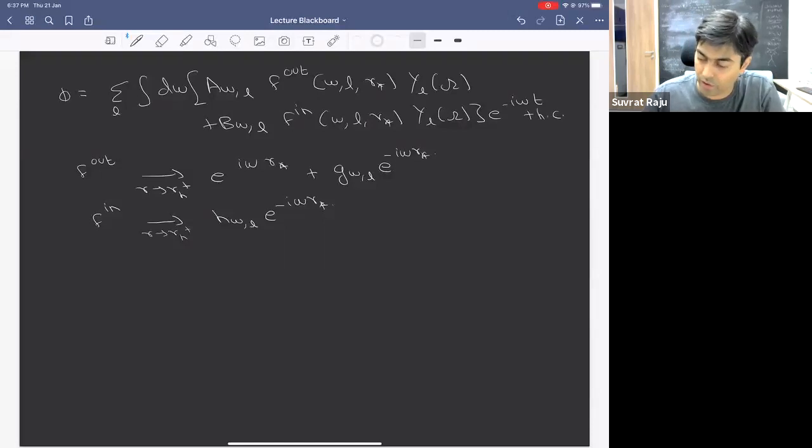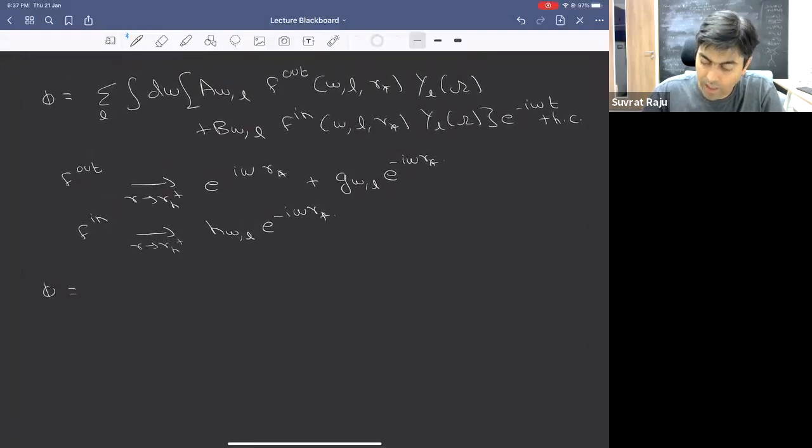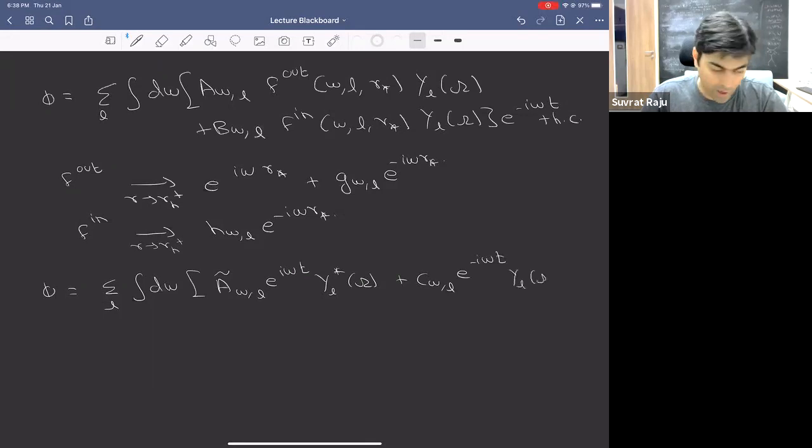Then we said, if you looked at the behavior inside the horizon, then you would find something else. You would find that the behavior inside the horizon looked like something which was ã_{ωL} multiplied by e^{iωt} with a factor of Y*_{Lω}. And then there was another oscillator, which we call c_{ωL}, which multiplied e^{-iωt} into Y_{Lω}.